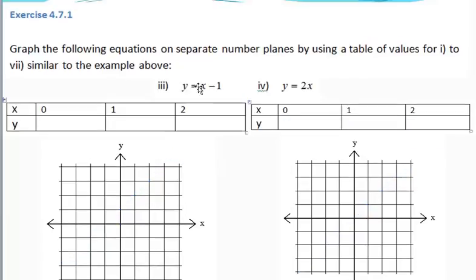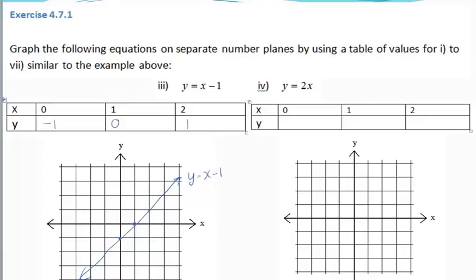Keep on going with these. We've got y is equal to x minus 1. 0 minus 1 is minus 1, 1 minus 1 is 0, 2 minus 1 is 1. So we plot our points. When x is 0, y is minus 1. When x is 1, y is 0. When x is 2, y is 1. And we continue our line, y is equal to x minus 1, making sure we label our line with our equation.